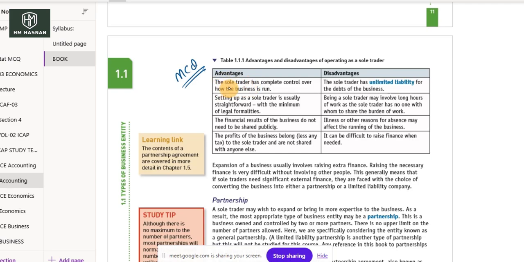What's the advantage? The sole trader has complete control over the business. Setting up as a sole trader is usually straightforward. There is no need for any advice from others. It's your own decision whether to start a business or not. The financial results of the business do not need to be shared publicly.